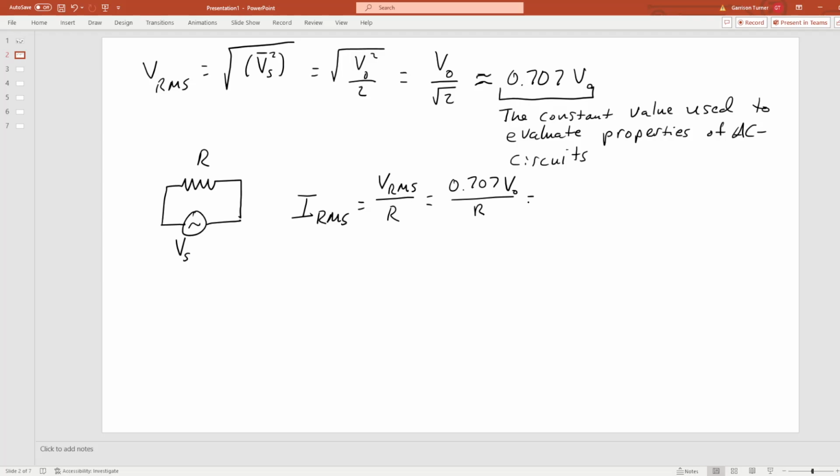So I RMS is equal to V naught over R divided by the square root of 2, or 0.707, and this is your maximum current. So in this particular circuit, V naught over R is your maximum of your current in either direction.